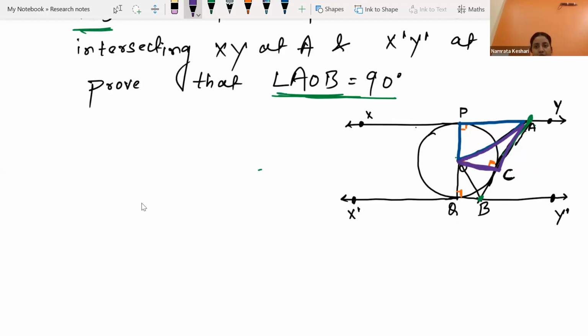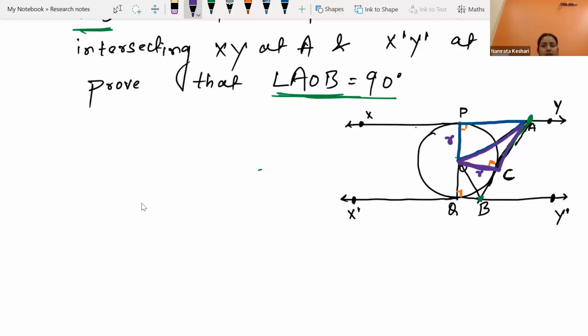Yes. First, here 90, here 90. Common side we are having, which looks like a hypotenuse. And what else? OP is the radius, and OC, of course, radius. So AP and AC will also be equal.